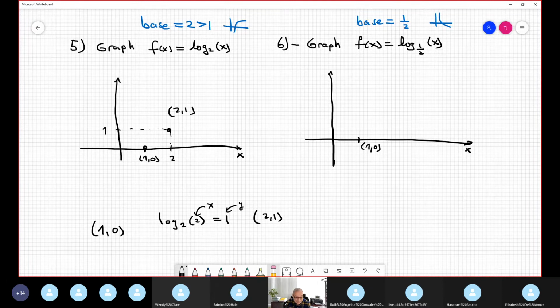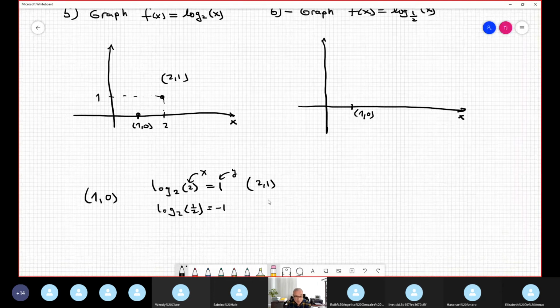But the classical one that illustrates very well both branches of the curve is logarithm base 2 of 1/2, because 1/2 is the reciprocal of 2. Therefore, the answer we expect is -1. Guys, if you are not clear that the answer is -1, we can compute it by hand, or we can put it in a calculator.